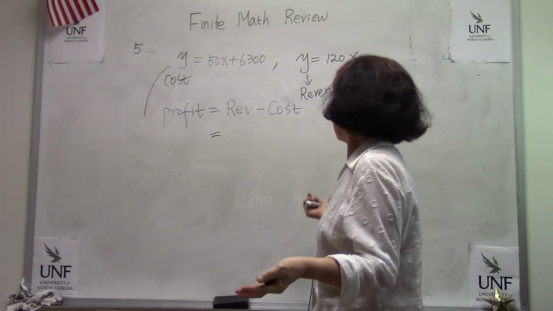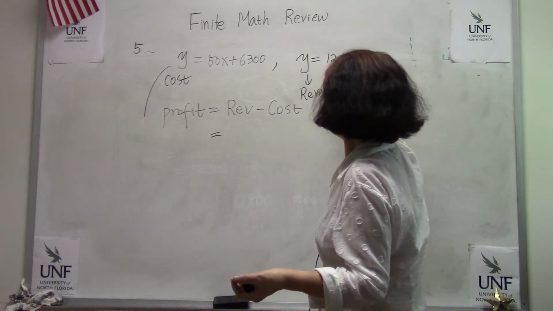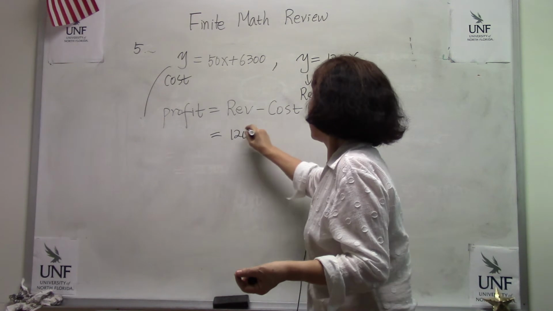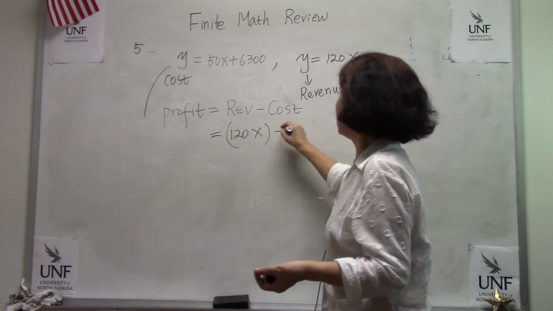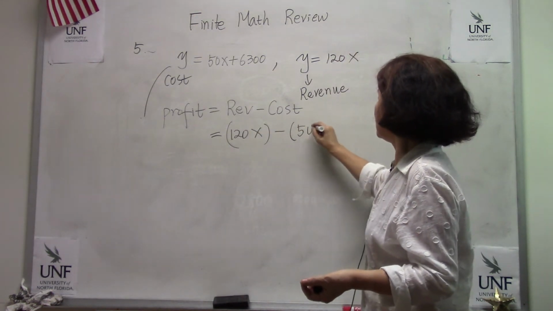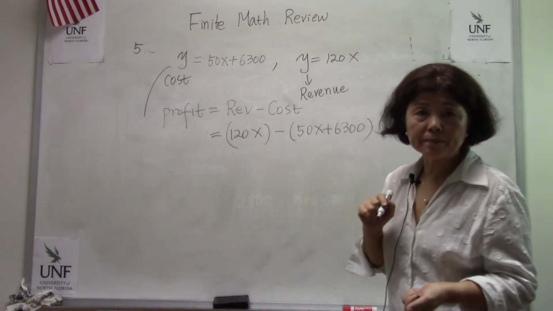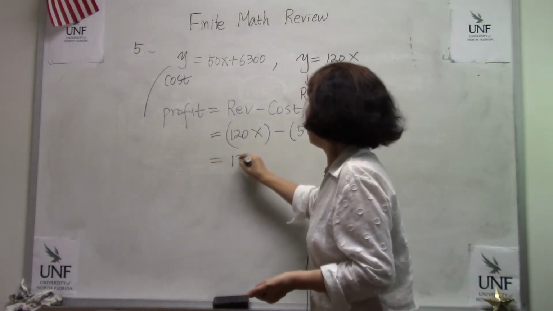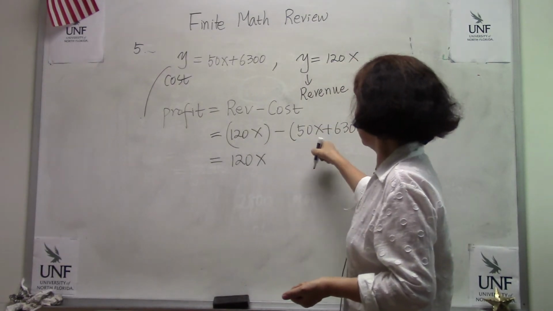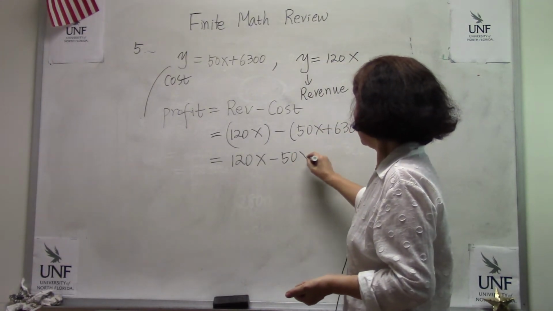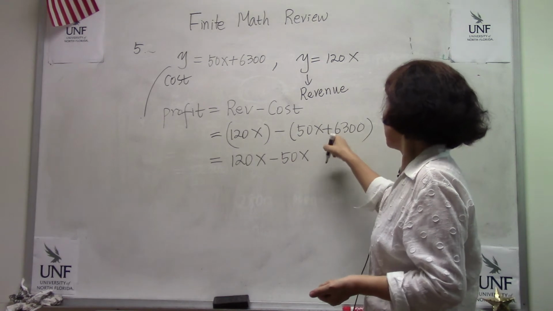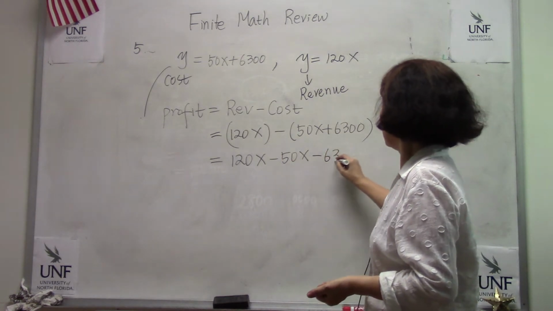Number of x over here in general. Okay, in general, 120x is the revenue, and then you subtract the cost, which is 50x plus 6,300. So when you remove the parenthesis over here, minus 50x, be careful.